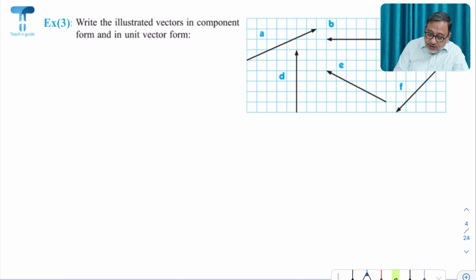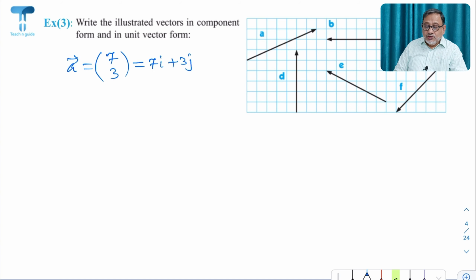So vector A I can write as 7 and 3 in the component form, and in the unit vector form it will be 7i plus 3j. Okay, so like that I have represented this vector.